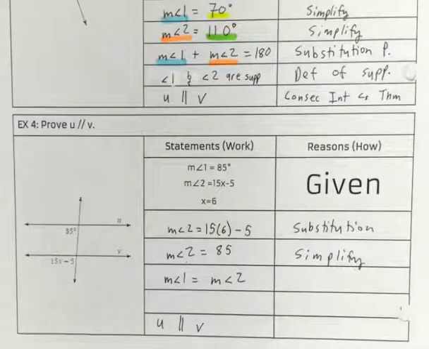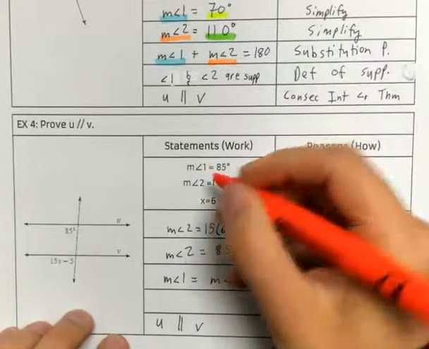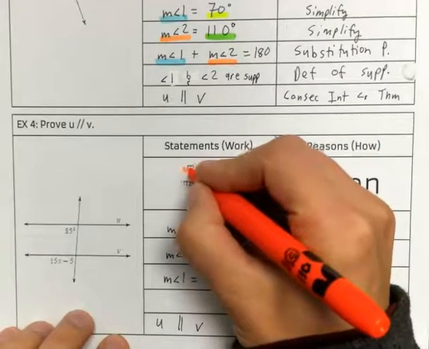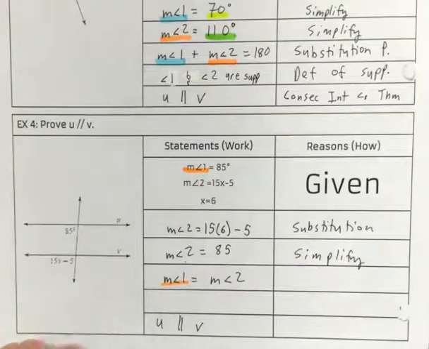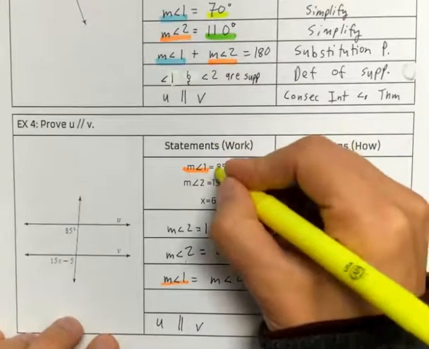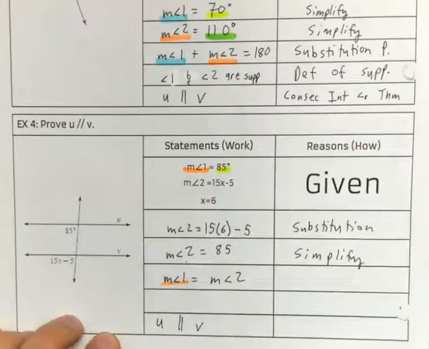Now, the next thing I got to do is figure out, am I using substitution or am I using transitive property? Now, you're new to using transitive property, so some of you guys might be like, I do not get this transitive property substitution thing. Well, if you can recognize that it's a type of substitution, that's good for now.